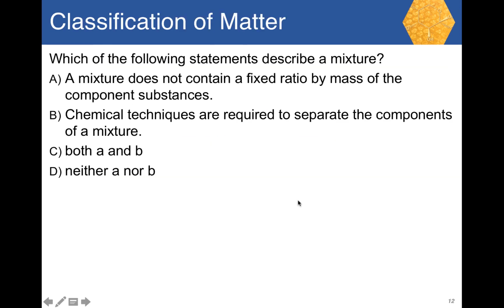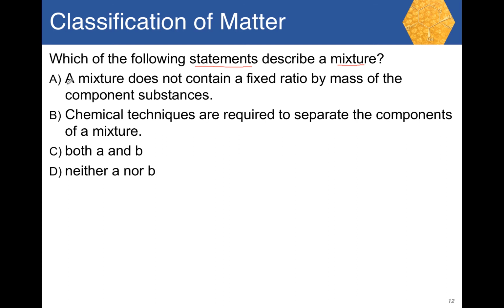Here is a question, just to make sure we understand the concept of mixtures. Which of the following statements describe a mixture? Notice again, I'm underlining the key aspects of my question so that I fully understand what's being asked, so that when I look at the possibilities here, I can apply that understanding.